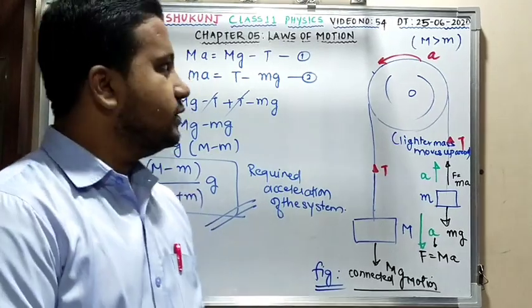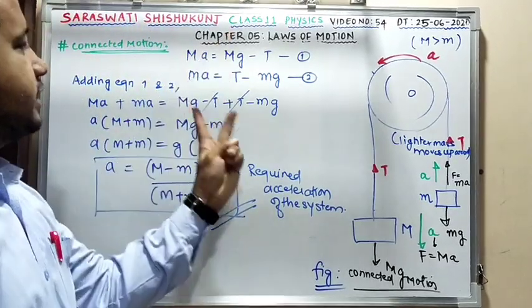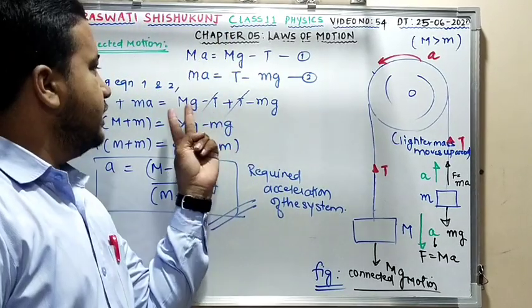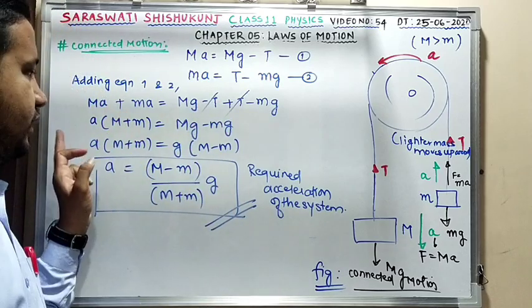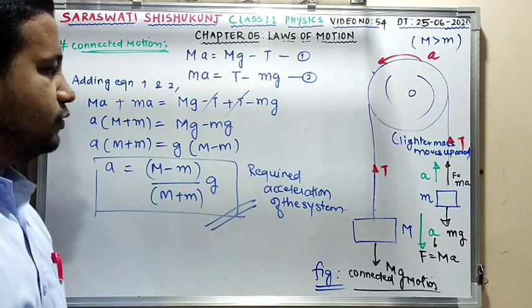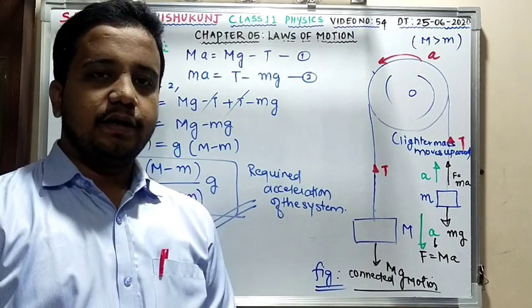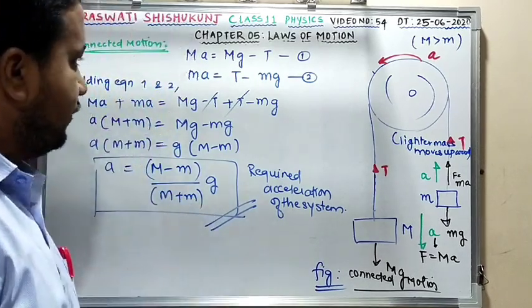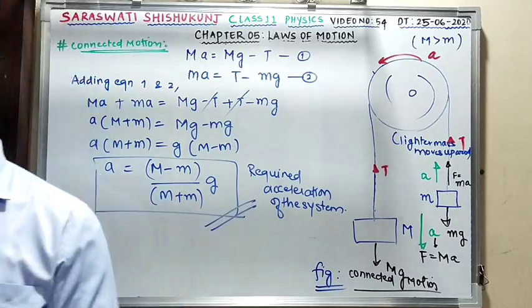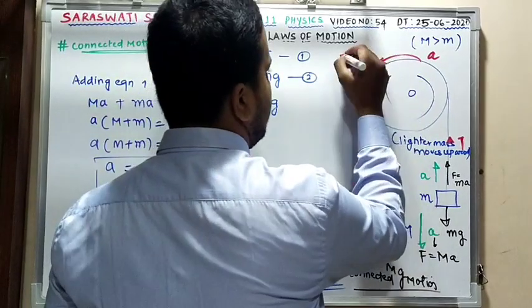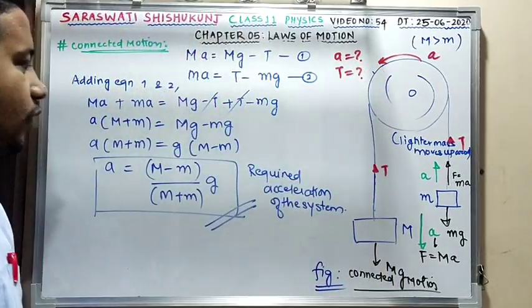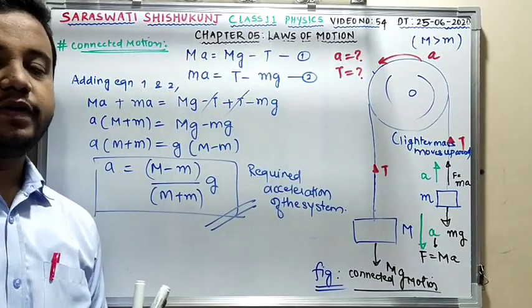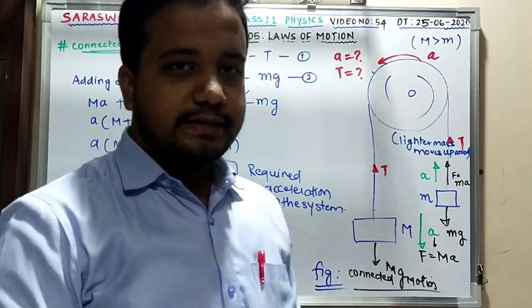I added the two equations, T got cancelled, g common, a common, and therefore a is equal to M minus m upon M plus m into g. 100% clear? Moving ahead, I need to calculate two things: the acceleration of the connected system and the tension of the string. So I got the acceleration, now I need to find the tension.